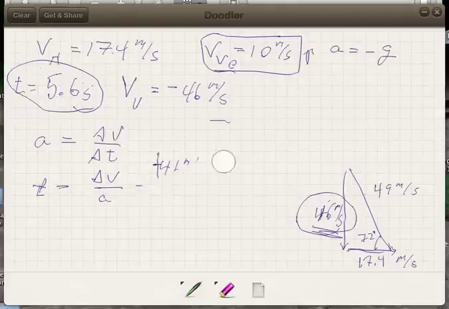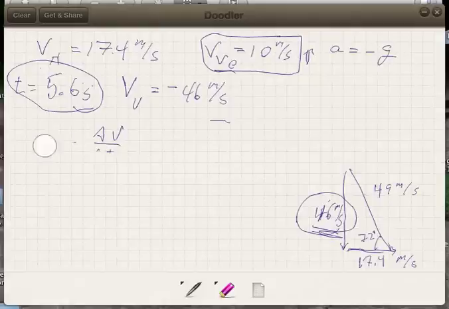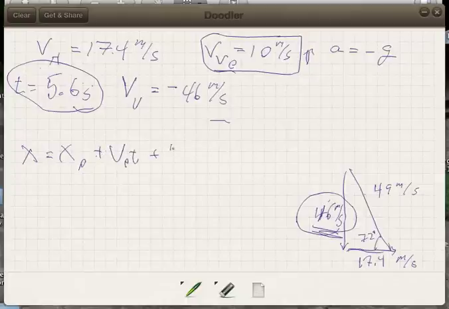Then you ask yourselves, in 5.6 seconds, how far does it travel horizontally? Oh, no problem, because it's moving at a constant speed, so we know that the horizontal distance is equal to your initial horizontal displacement plus v naught t plus 1/2 a t squared, right? That's my displacement formula.